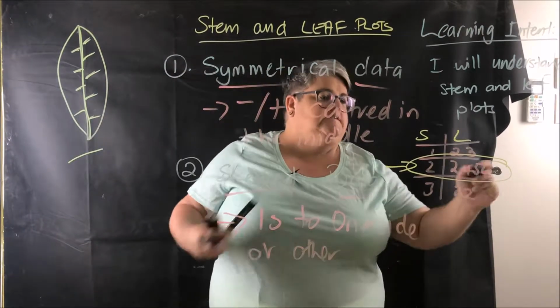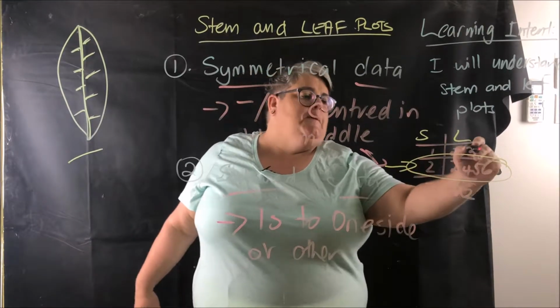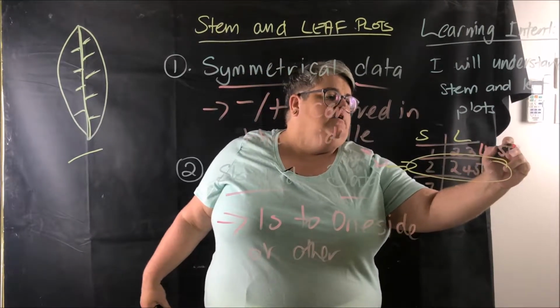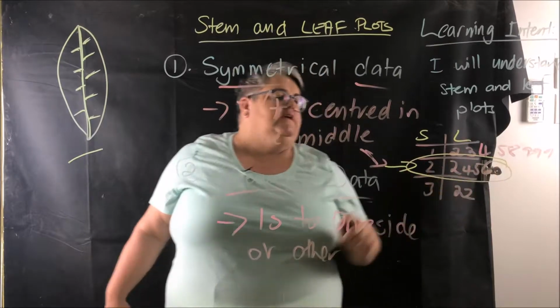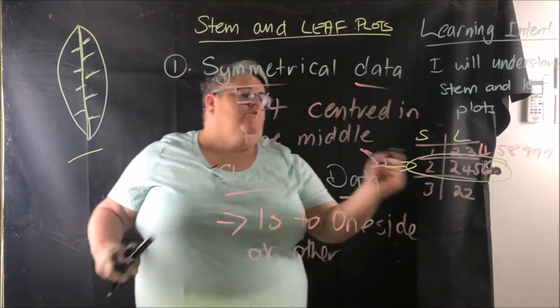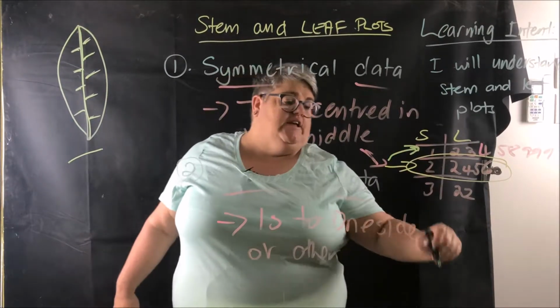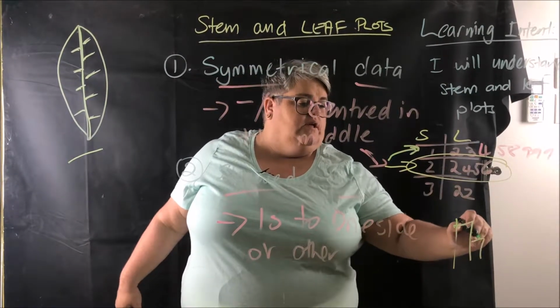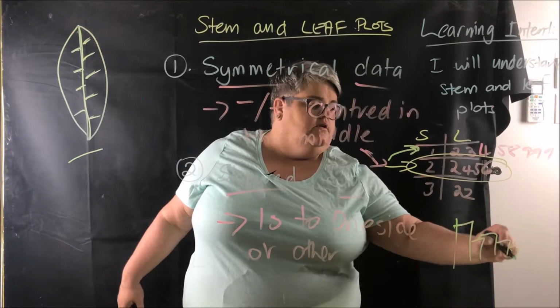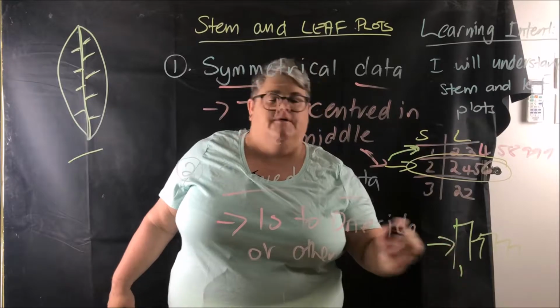So for example, let's say we added a lot more figures here, then we could say that all this data is skewed this way. So if this was actually on a histogram that looks like this, it would actually be skewed to the left, which is this way here.